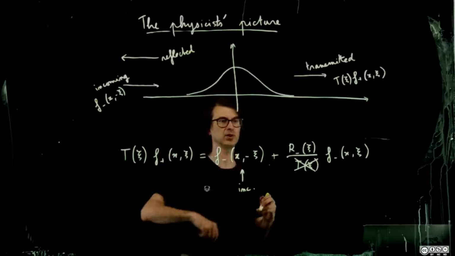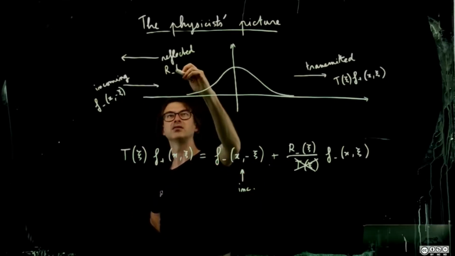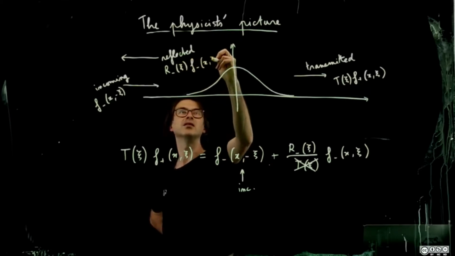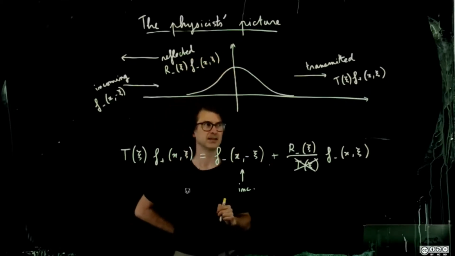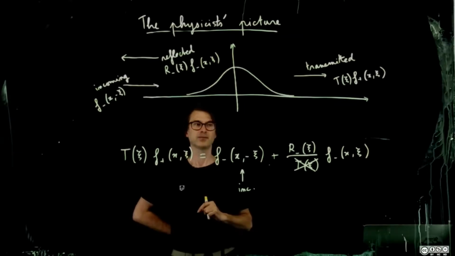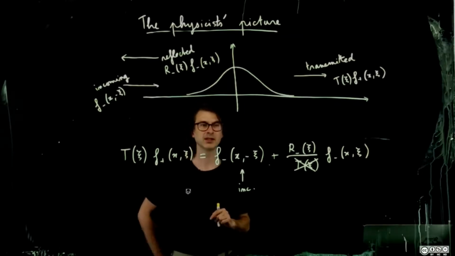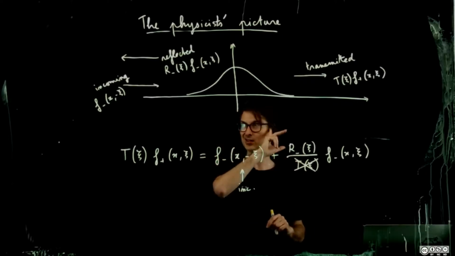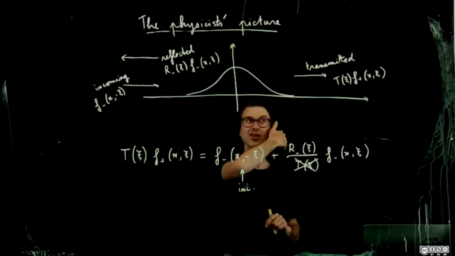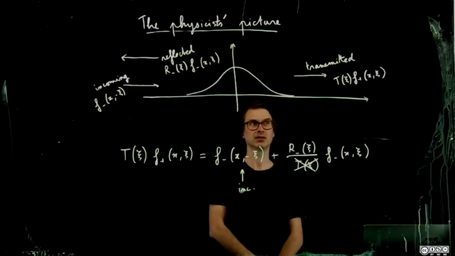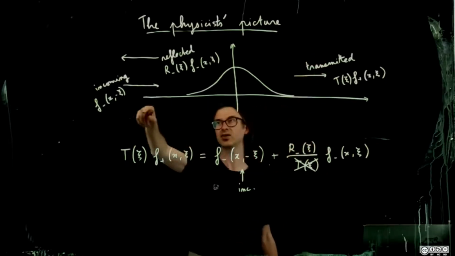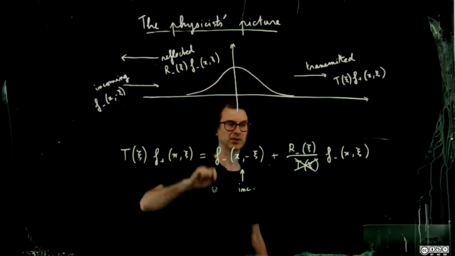And it's this one, R minus of xi, F minus of x, xi. Okay, so you see this equality says that this transmitted wave can be seen as the sum of the incoming and the reflected wave.